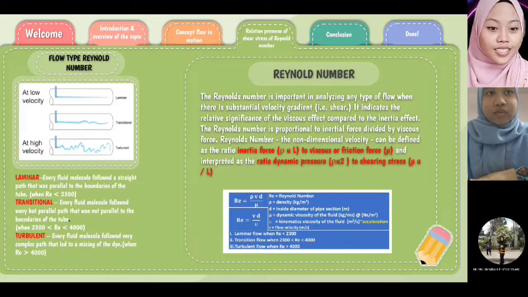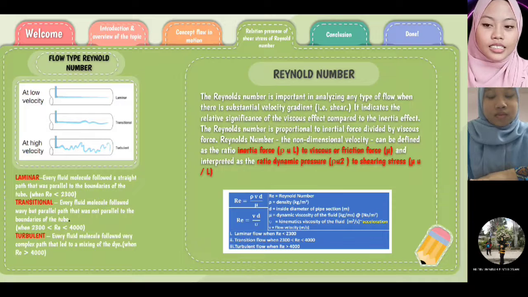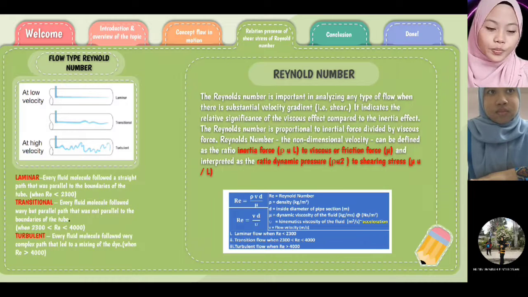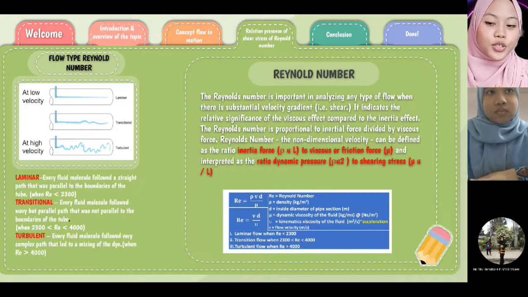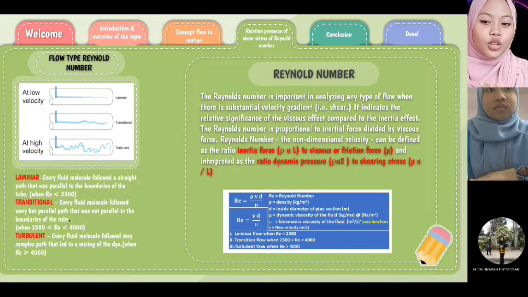So, what is laminar? Laminar is when every fluid molecule follows a straight path that is parallel to the boundaries of the tube. This is when the Reynolds number is less than 2300. Next, transitional. What is transitional? Transitional is when every fluid molecule follows a wavy path that is not parallel to the boundaries of the tube.